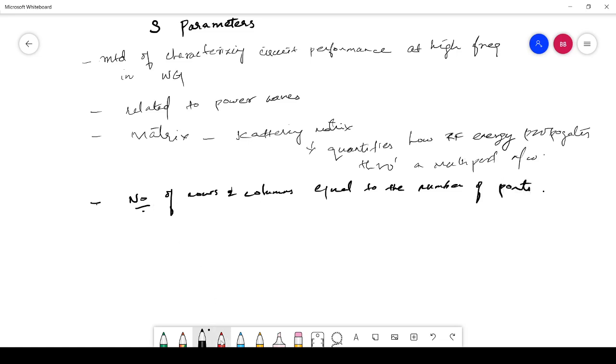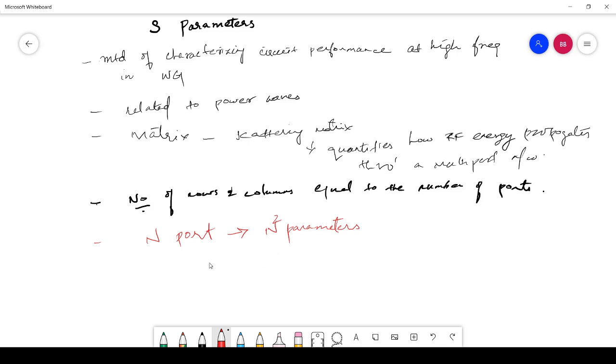So for an n port network, it will have n power 2 parameters, each one representing an input and output path.